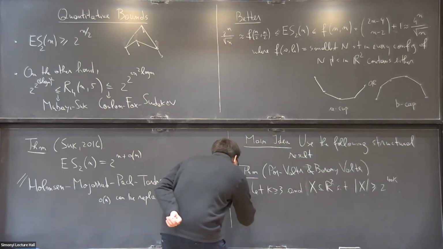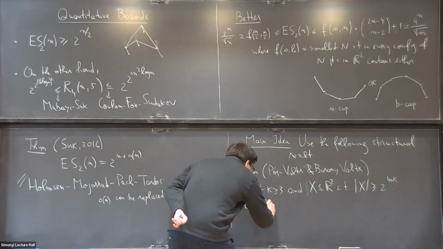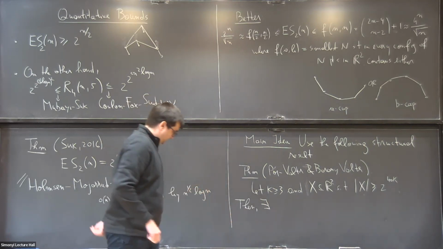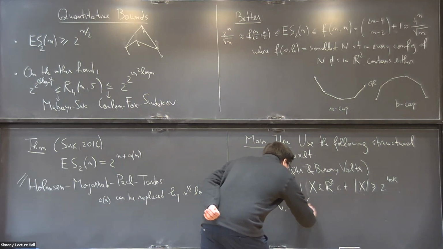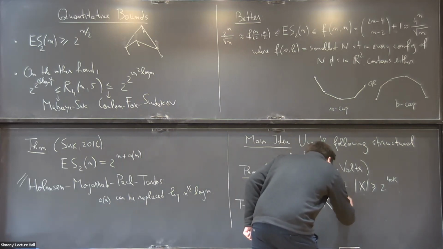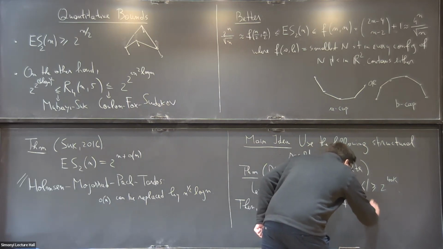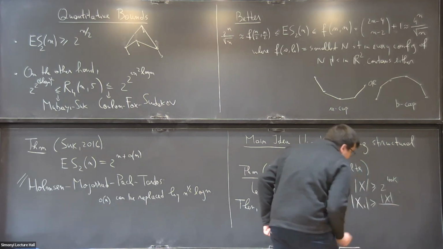You can say even a bit more. There's a structure you can extract. There exist k sets, X_1 through X_k, large, so of size a positive fraction of the points.